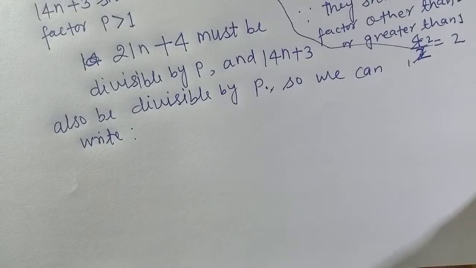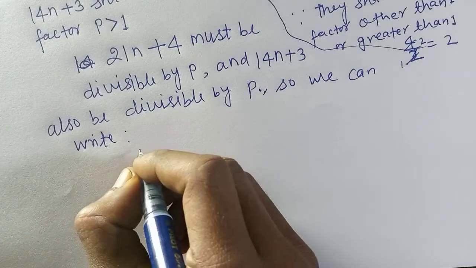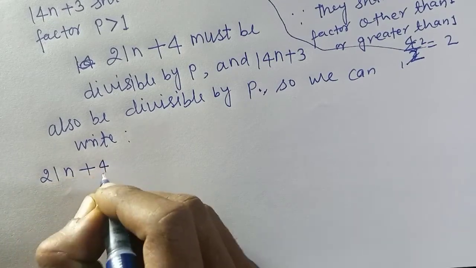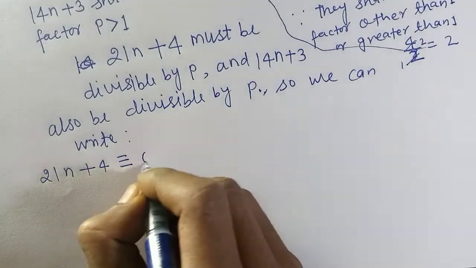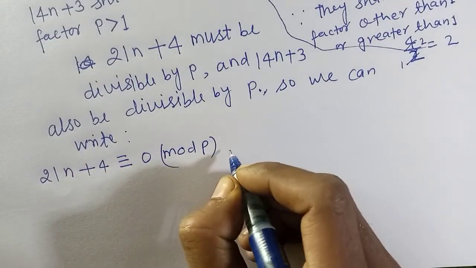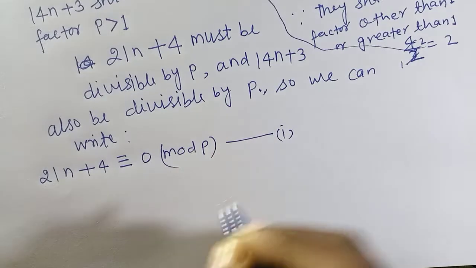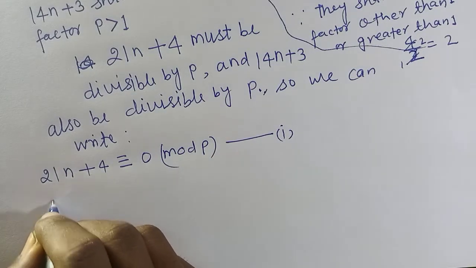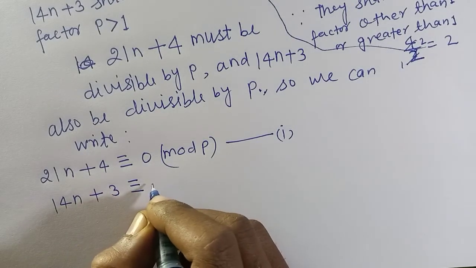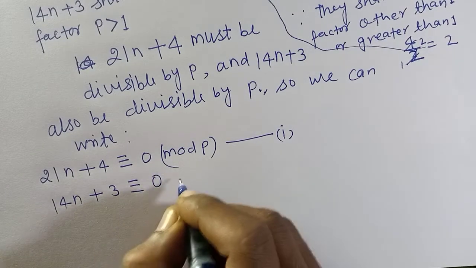So here we can write 21n + 4 must be congruent to 0 mod p. Let's say it is equation 1. And 14n + 3 must be divisible by p, or 14n + 3 must be congruent to 0 mod p.